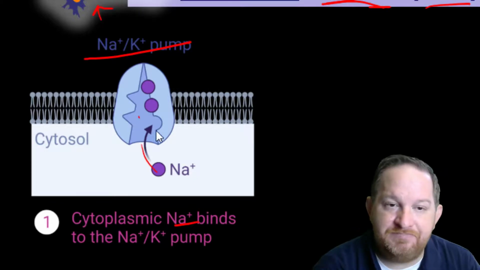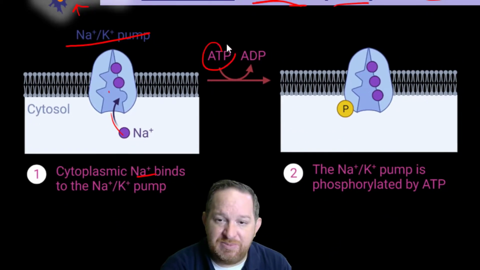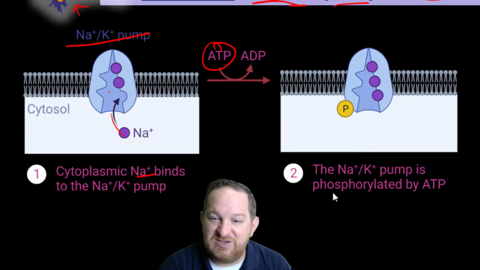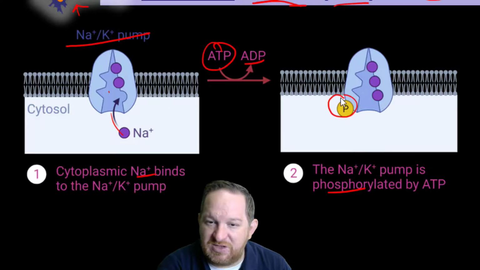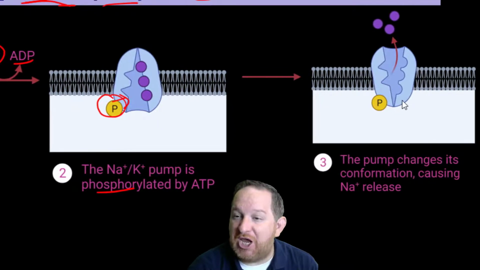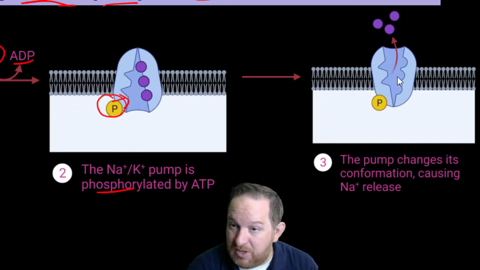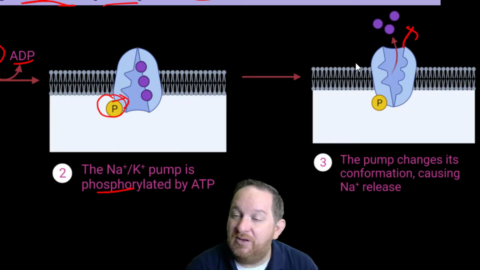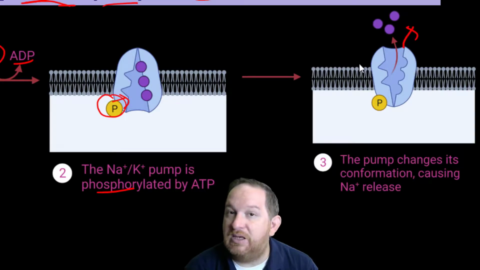See them coming in. We'll use some ATP energy to activate the pump. Notice that it is phosphorylated. So the ATP went to ADP and that little phosphate group went here. Activated the pump, and now it changed its conformation. So that sodium can now freely float outside of the neuron, outside of the cell, and get ready to be used again.